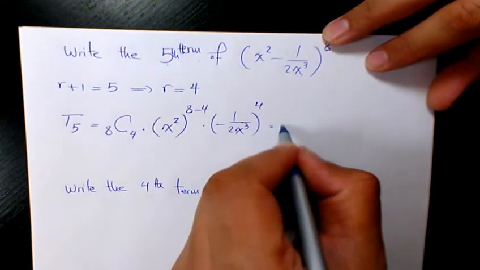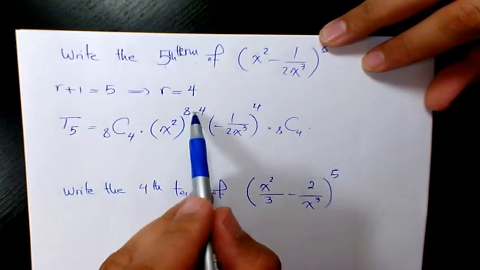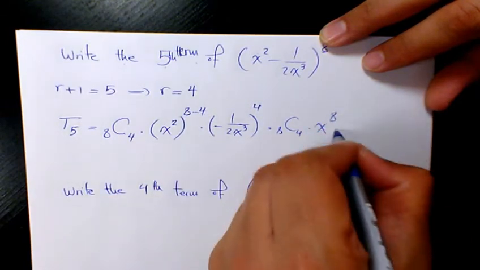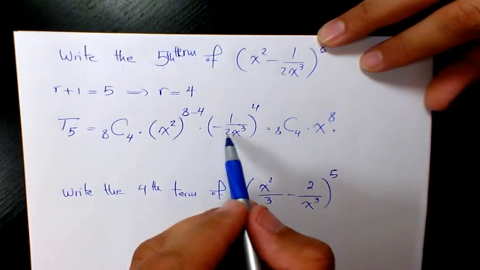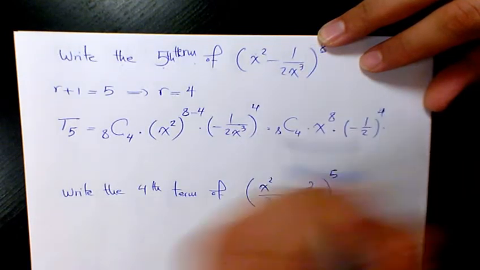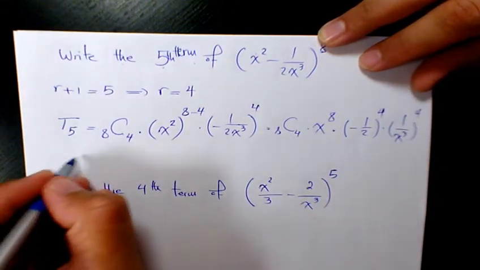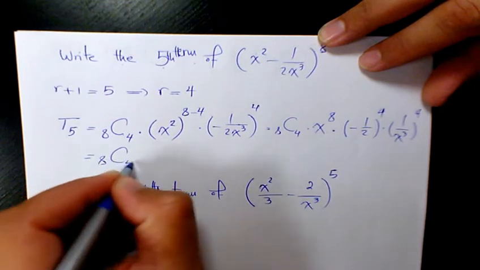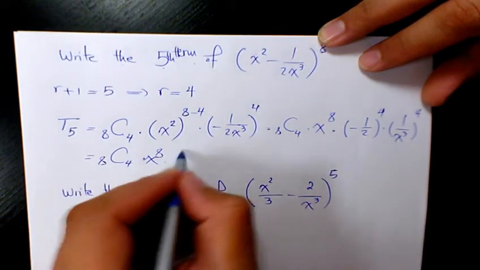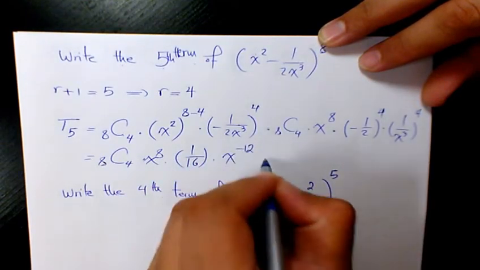which will be 8C4. That's 8 minus 4, which is going to be 4. 2 times 4 is going to be 8. And here you have negative 1 over 2 to the power of 4 and 1 over x to the power of 3 to the power of 4, which makes it 8C4 x to the power of 8 times 1 over 16 x to the power of negative 12.